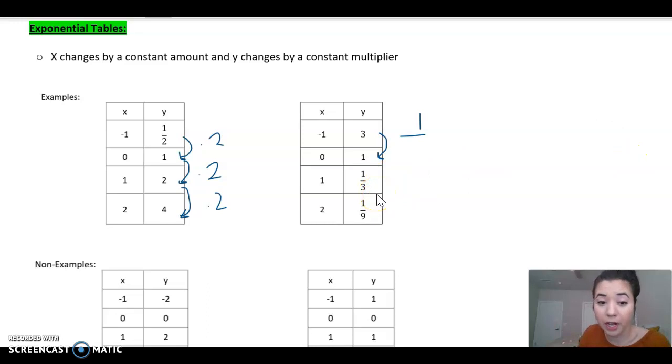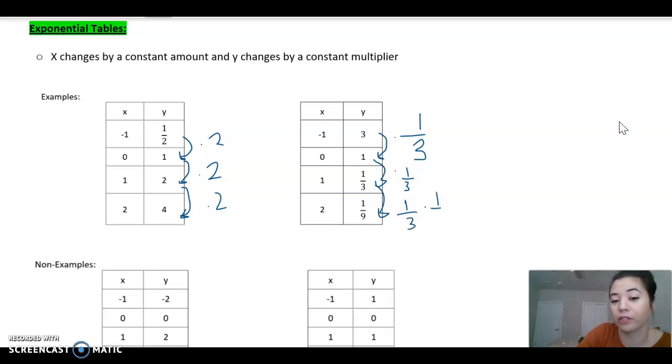So to figure out the denominator, just figure it out backwards. What do I multiply by to get from 1 to 3? Well, 1 times 3 is 3. So that's our denominator here. So we're multiplying by 1/3 each time. To get from 1 to 1/3, 1 times 1/3 is 1/3. To get to 1/9, 1/3 times 1/3 equals 1/9.